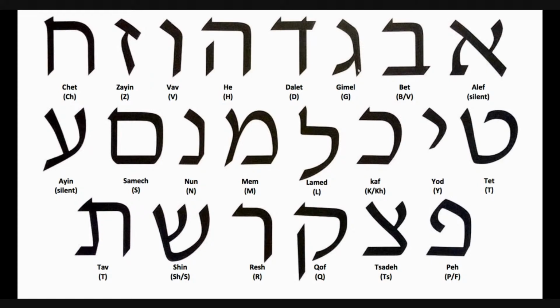Keshe Italia is Hebrew for when Italy. When you see kuf and shin together, it means when. It's a bit more complicated than that, but in this context, kuf and shin means when Italy.